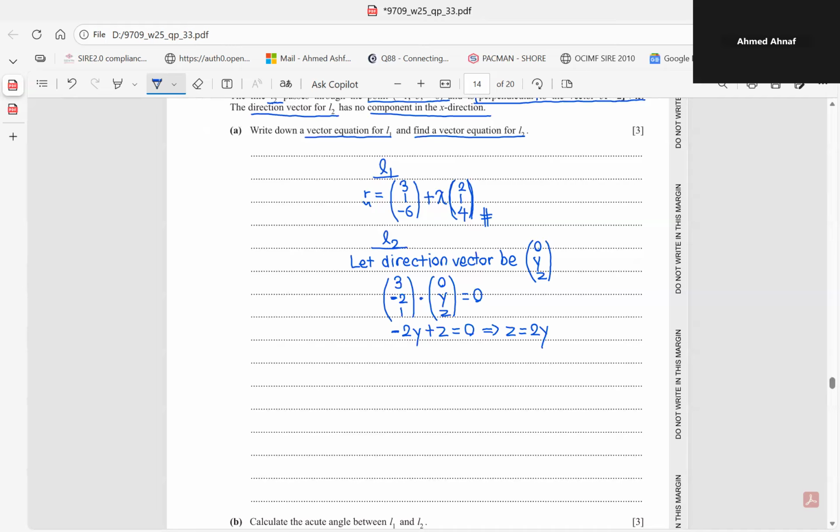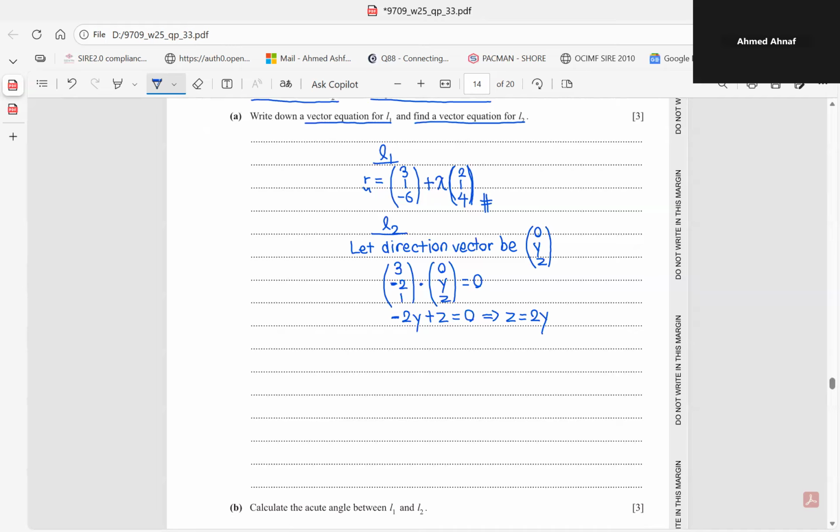Yeah, so this is our solution here. So hence our direction vector we can rewrite as (0, y, 2y). And if we divide all the terms by y, our simplified version would be (0, 1, 2). So this is our direction vector.